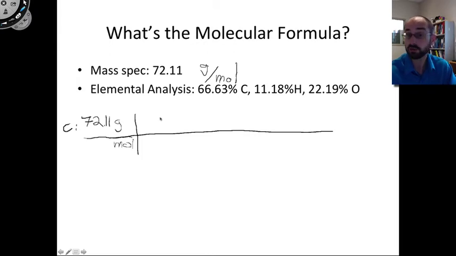So if, for example, we had 100 grams of the molecule, of that, 66.63 grams would be carbon.